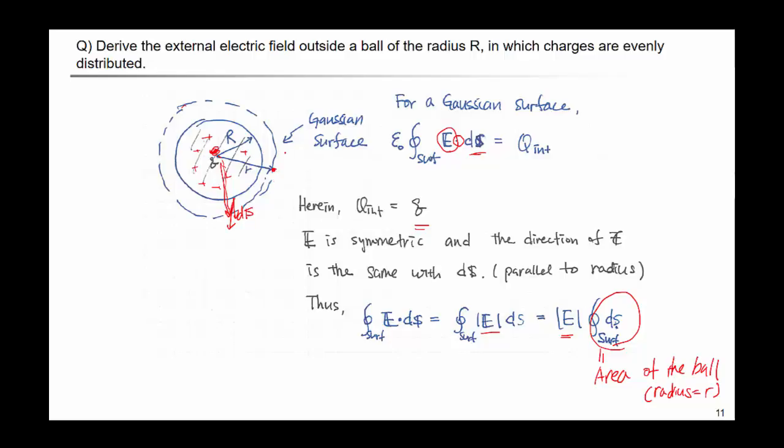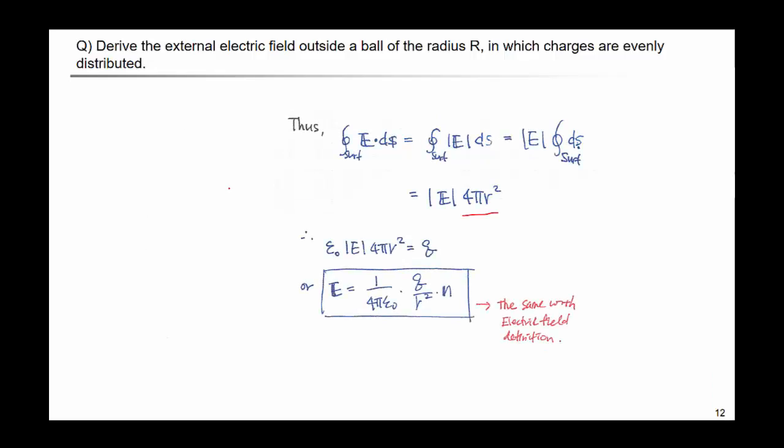As long as the distance you're interested in is outside this Gaussian surface, whether this charge cloud is concentrated here or here doesn't matter. You always have the same electric field. So the electric field does not change when Q is concentrated anywhere in the ball.